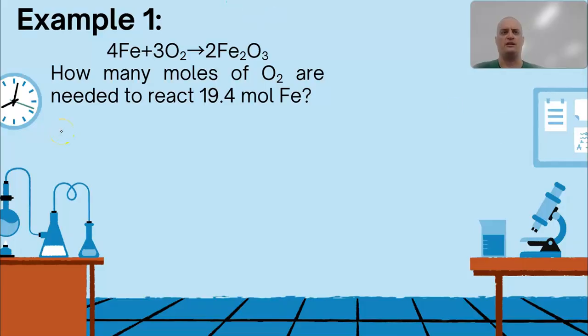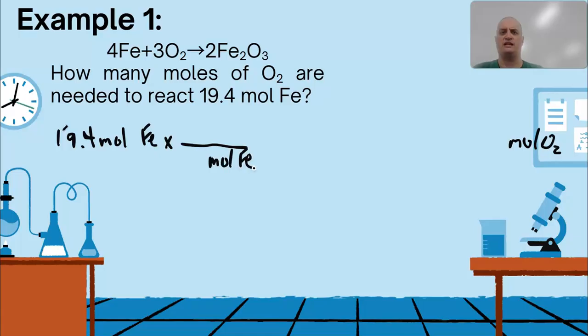So let's take a look at some examples. We're going to start off with what we're given, our 19.4 moles of iron. And we're trying to find out how many moles of O2 are used in using up all of that iron, because they're both reactants. Just like before, the unit that we start off with goes on the bottom. Now here's the key difference. If we're in moles, the mole ratio is a mole-to-mole relationship.